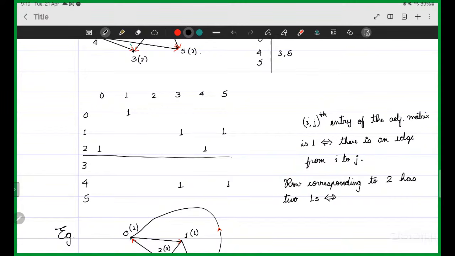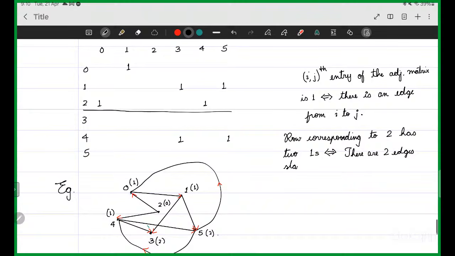That there is an edge coming to 2. No, not coming to 2, going from 2. Yeah, going from 2. This is the same as saying there are two edges starting from the vertex 2.